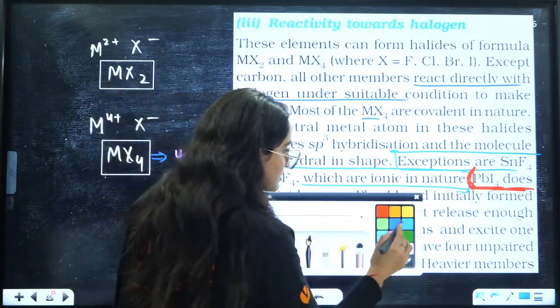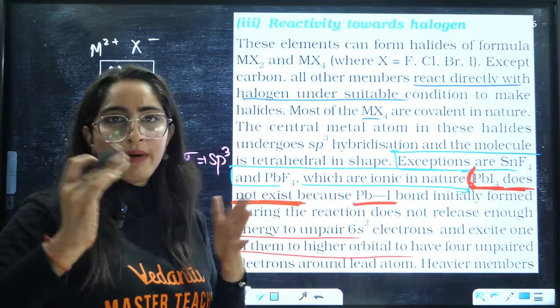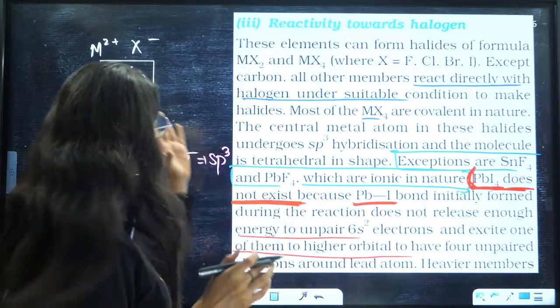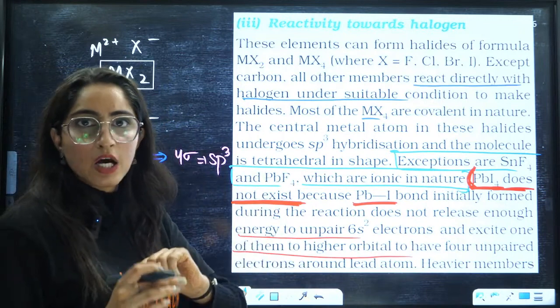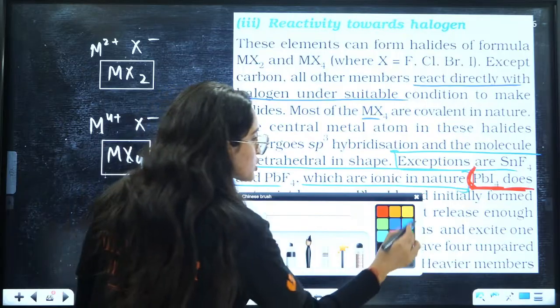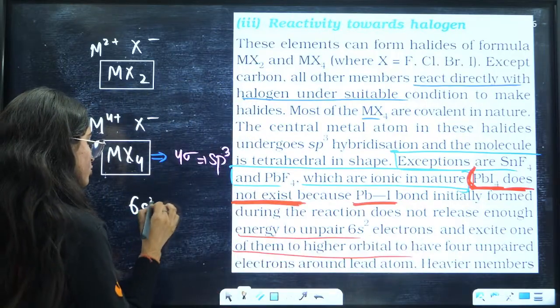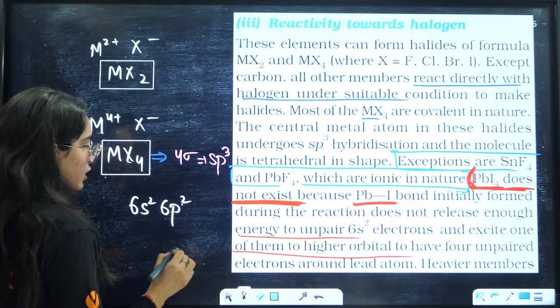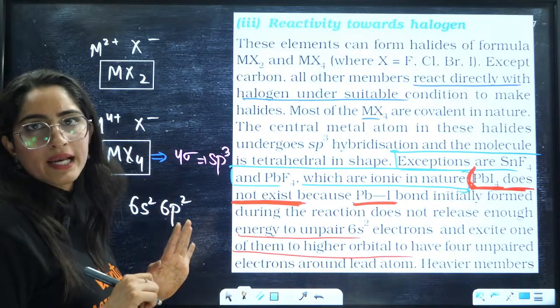So basically what they are saying is that the bonds will be formed one by one, right? You have 4 bonds of Pb-I. When we form one bond, what is the outermost configuration? You have 6s2, 6p2, so basically you will have these 4 electrons.